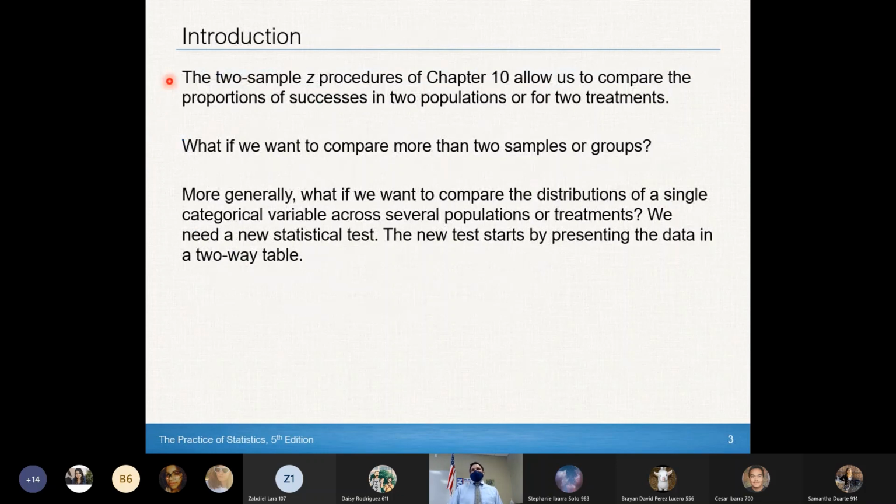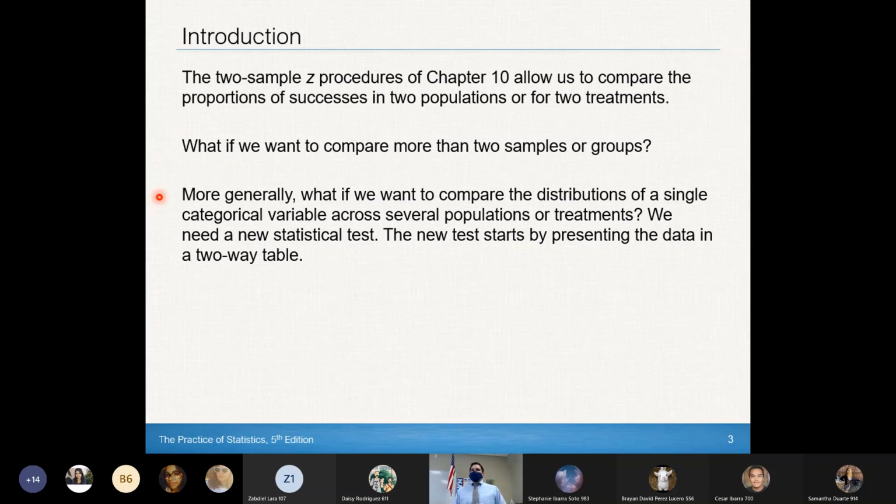The two-sample Z procedures of chapter 10 allow us to compare the proportions of successes in two populations or for two treatments. What if we want to compare more than two samples or groups? More generally, what if we want to compare the distributions of a single categorical variable across several populations or treatments?